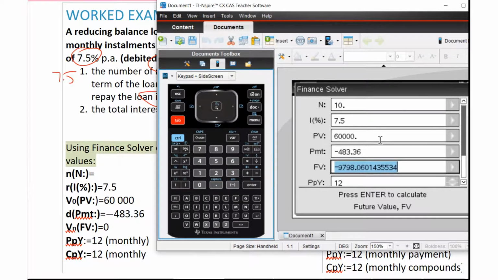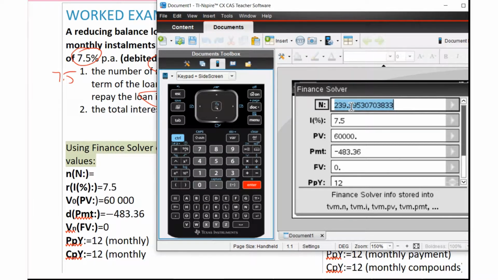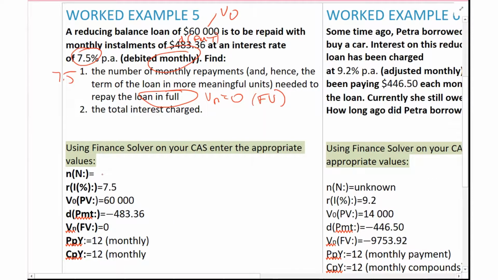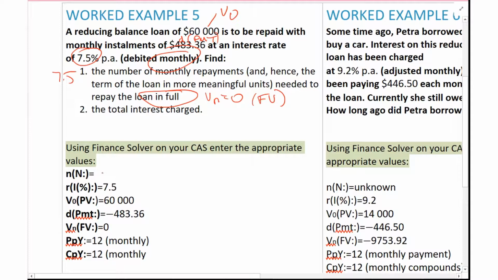Our final value is going to be 0 because we're paying it in full. Our payments per year are 12. As we got there, we press enter and we get 239.995. So it's 240 repayments.